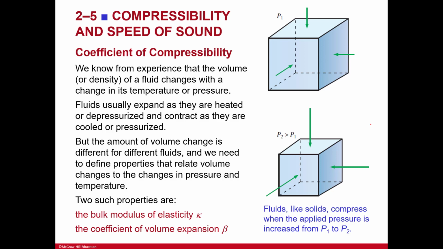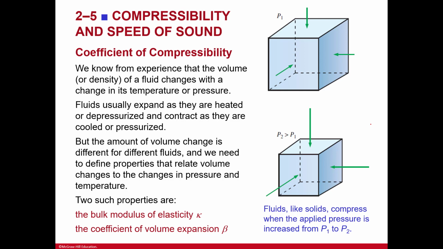What that means is, if you give the same amount of temperature change or the same amount of pressure change, those expansions or contractions, those volume changes, are going to be different depending on your fluid. And so, you define properties that relate volume changes to the changes in pressure and temperature.